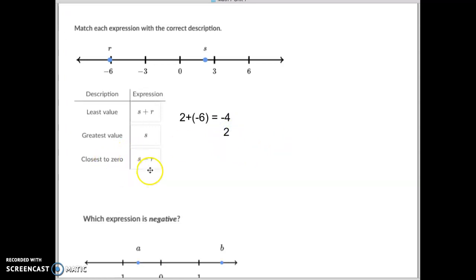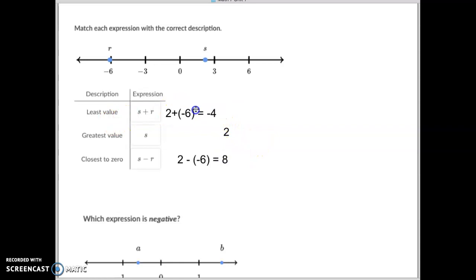And the third one, S minus R. S equals 2, so 2 minus, and R equals negative 6. So 2 minus negative 6, two negatives make a positive, so 2 plus 6 would equal 8. So based on this, our least value is which one?